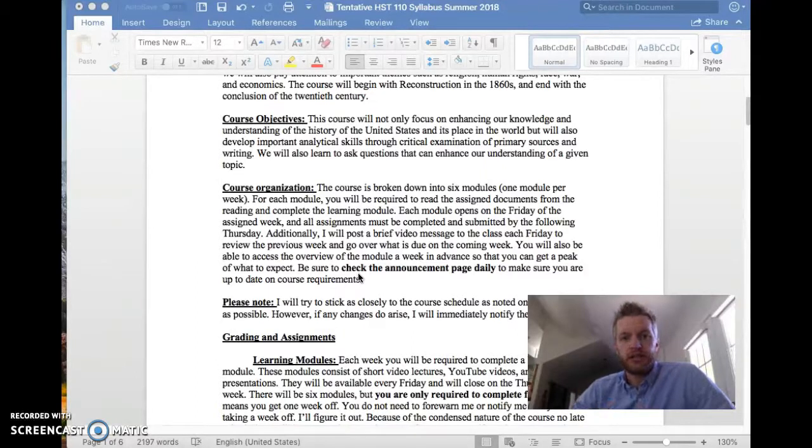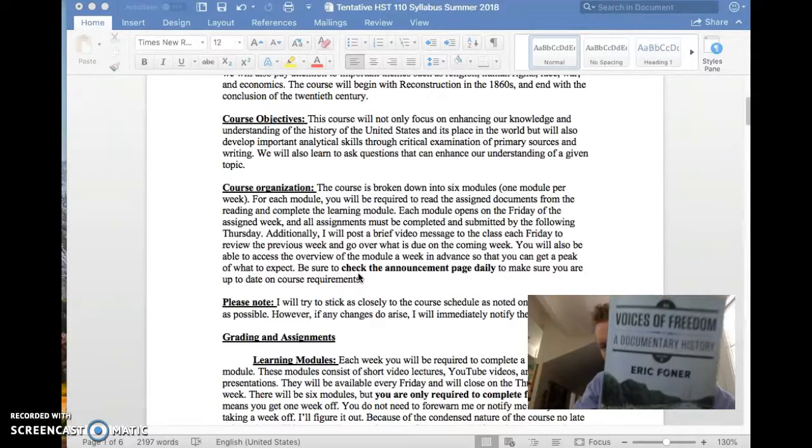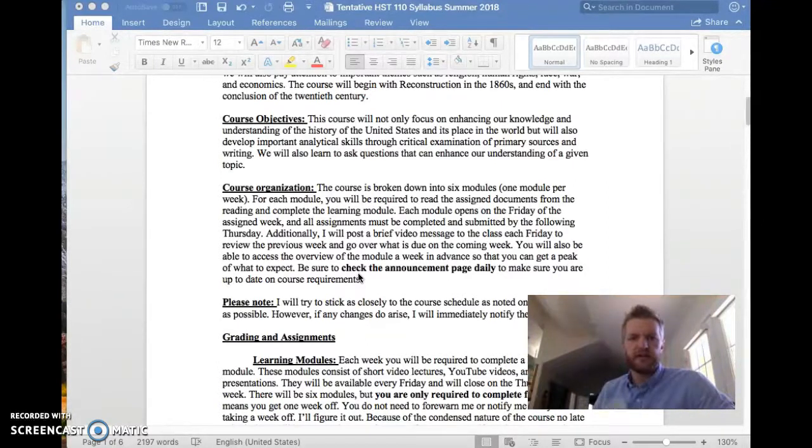So, course organization. There are 6 weeks worth of work, basically, and each week has its own module, is what I'm calling it. The module is basically the assignment that you need to complete that week. They're very simple. They consist of the reading from this book, Voices of Freedom, which is essentially a collection of primary sources.